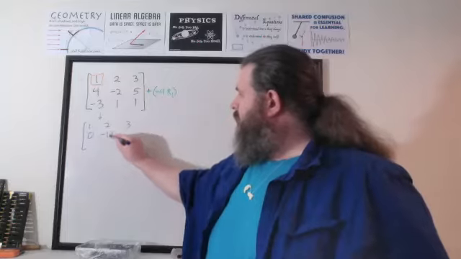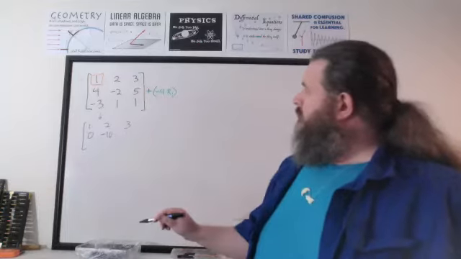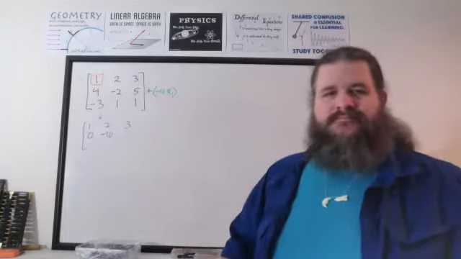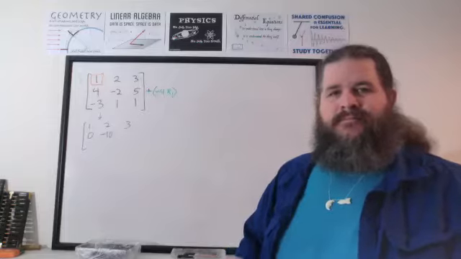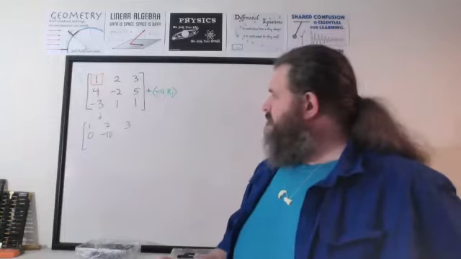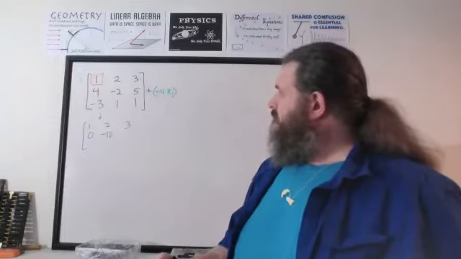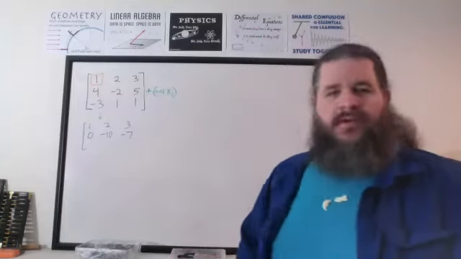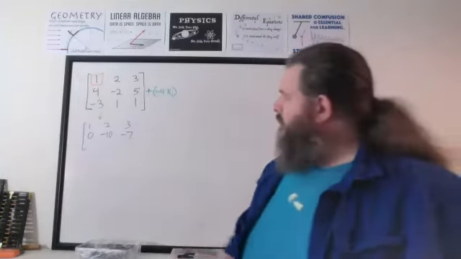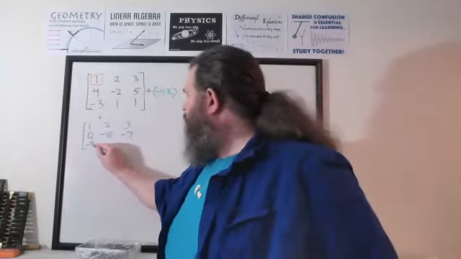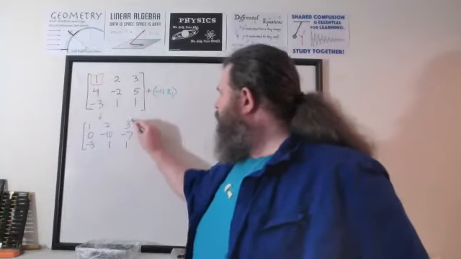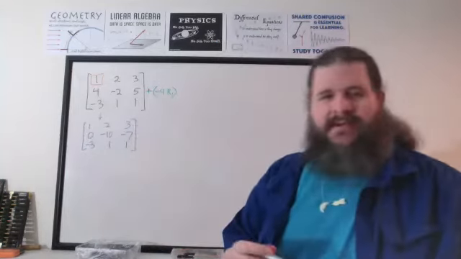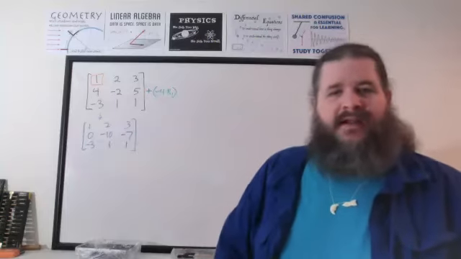Right. And then -7. So that's our new second row. And let me keep the third row the same. So 1, 2, 3, 0, -10, -7, -3, 1, 1.